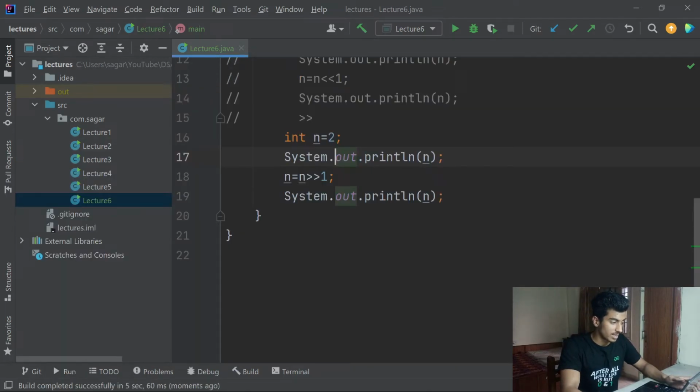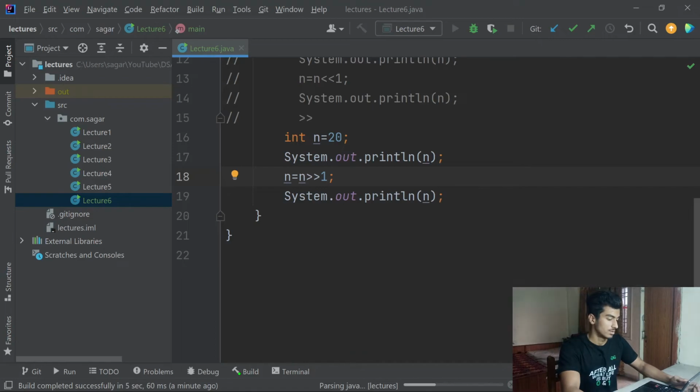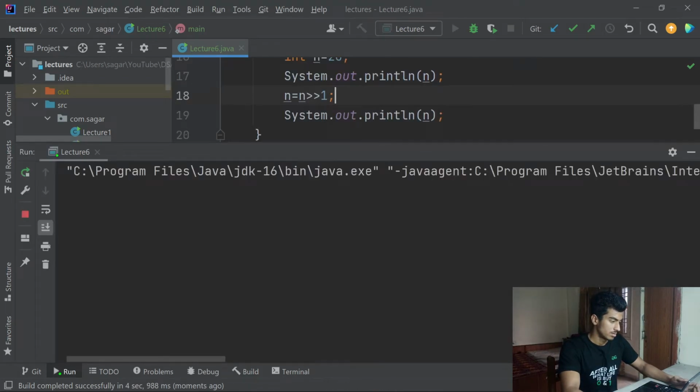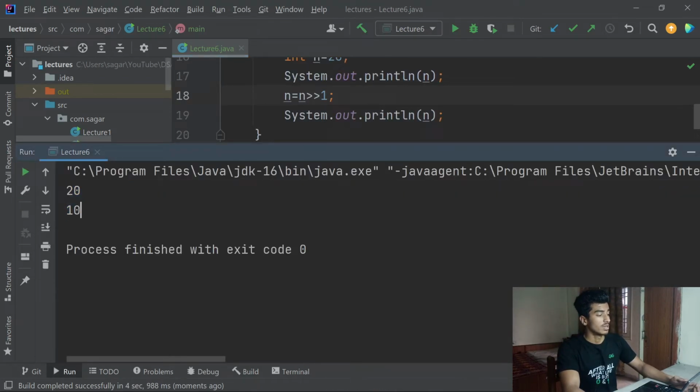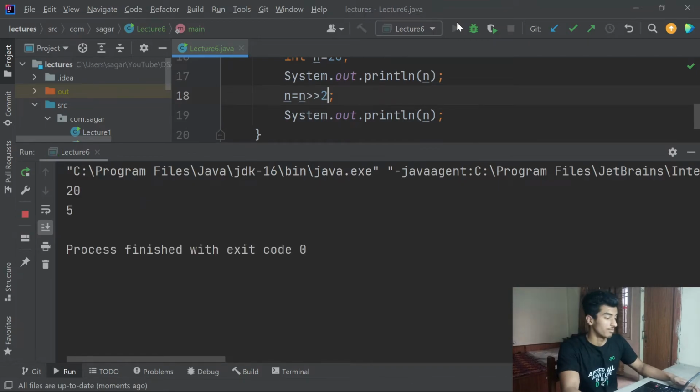Okay, let's see another example. Suppose I have here 20 and right shift it one time, it will become 10, as you can see here. And when I right shift it 2 times, hopefully it will become 5. And as you can see here, 20 right shift 2 times, it will become 5.